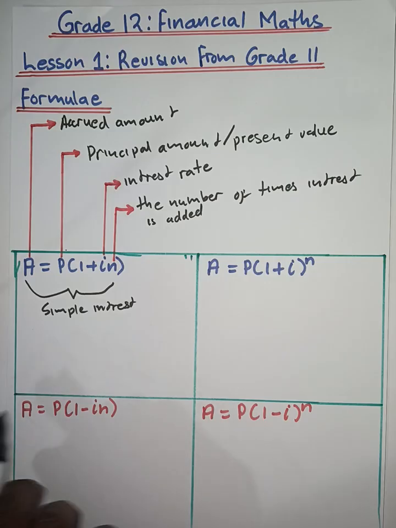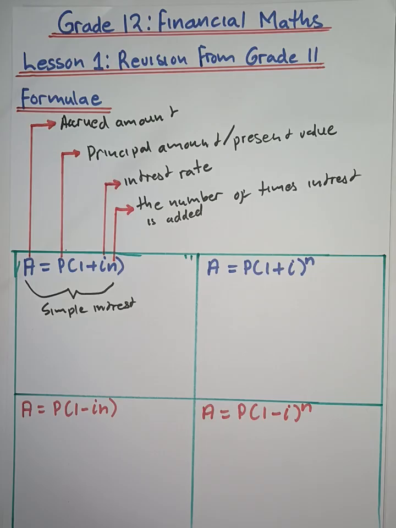What you need to note about the simple interest formula, the most important thing, is that the value of the interest remains the same throughout the investment time. So the amount that your money grows by, let's say every month, remains the same.